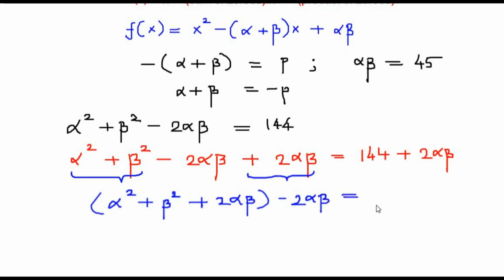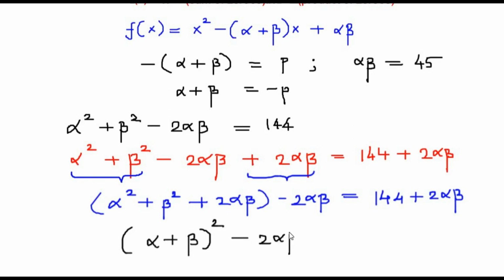And here this is equal to 144 plus 2 alpha beta. Now alpha square plus beta square plus 2 alpha beta is nothing but the expansion of alpha plus beta the whole square, minus 2 alpha beta is equal to 144 plus 2 alpha beta.